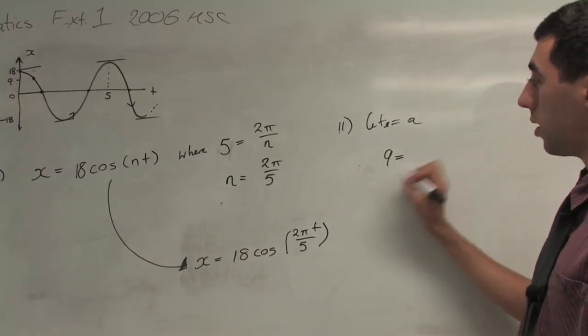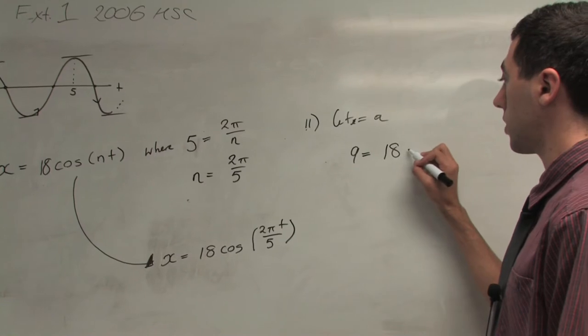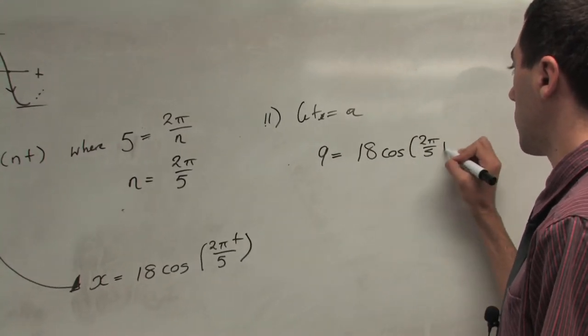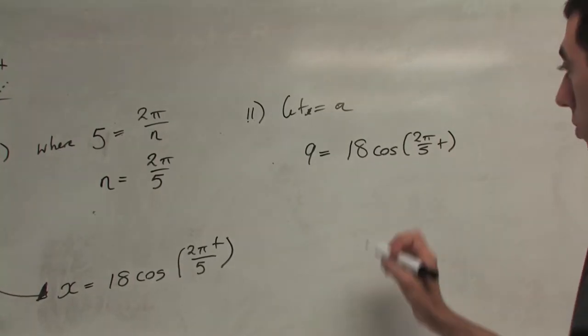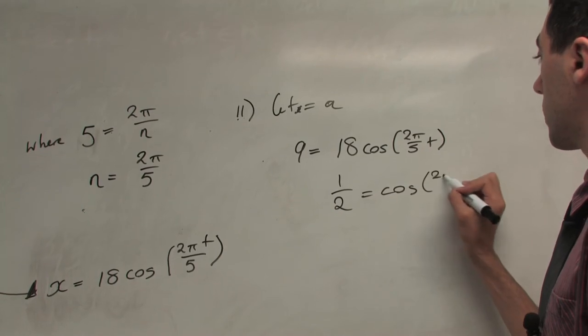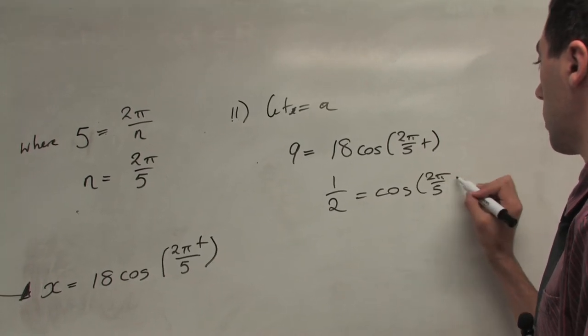From part 1, we know that x is 18 cos of 2 pi over 5 t. We'll divide both sides by 18, so we get a half equals cos of 2 pi over 5 t.